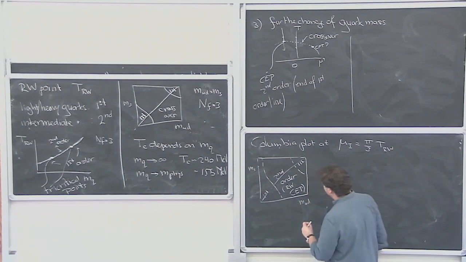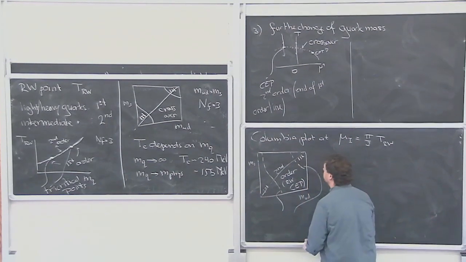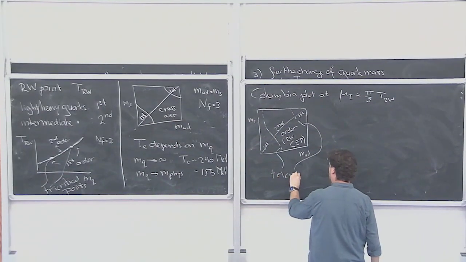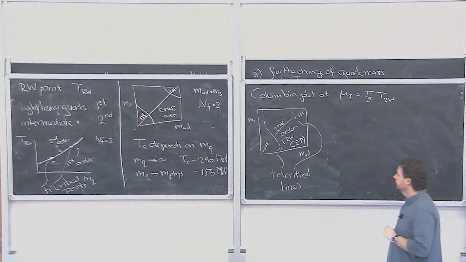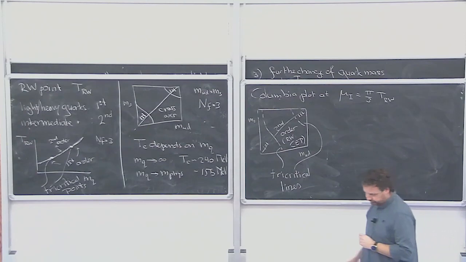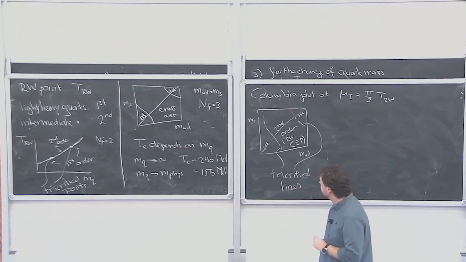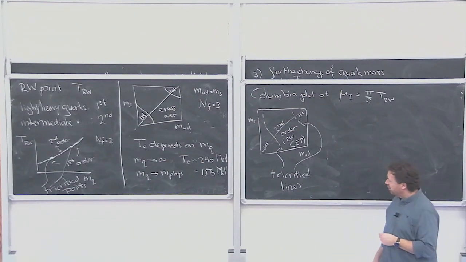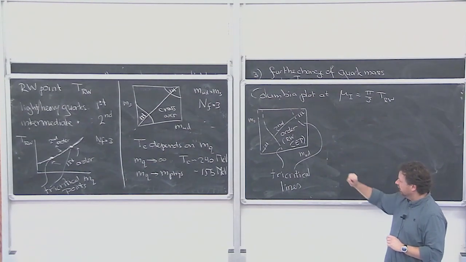So these dashed lines here are tricritical lines. This is kind of the most complicated conceptual step: to go from the phase diagram, the T-mu plane, to these either quark mass planes or critical temperature planes.